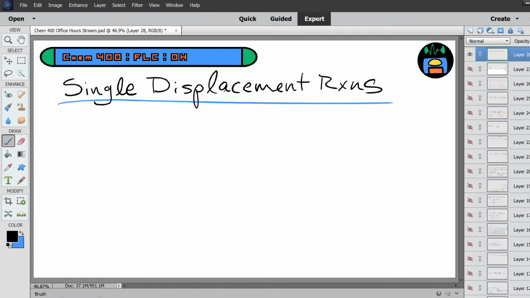And as it says in the pre-lab, they follow the general form: you've got M plus AX, and they produce A plus MX, where you can see that M has switched places with A.